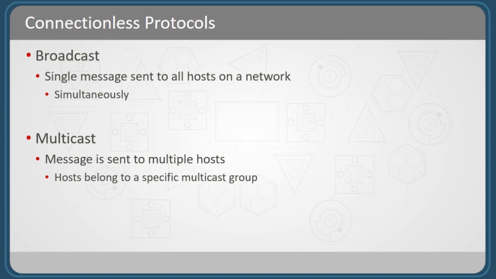It would just take too long. So broadcasts and multicasts typically will implement connectionless protocols when transmitting because, again, it quite simply is faster. So ultimately, there is a fairly basic consideration. If you favor reliability, you would want to implement a connection-oriented protocol. If you favor speed, you would want to implement a connectionless protocol.